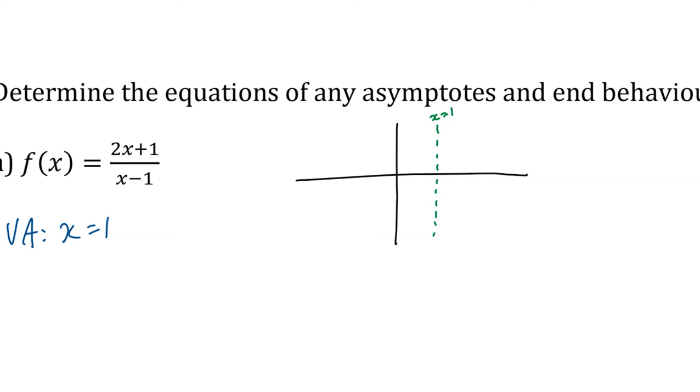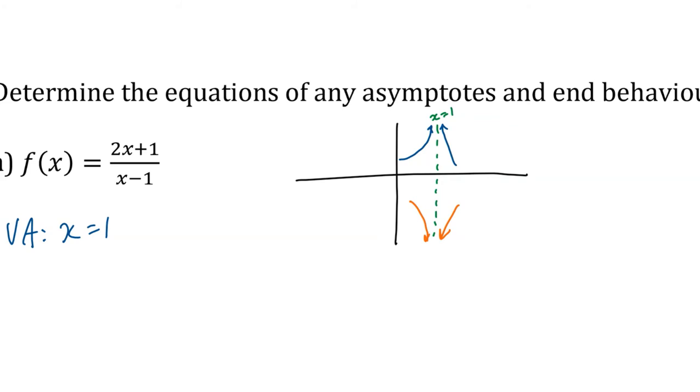I'm going to be approaching it from the left and from the right, only once each. If I'm approaching from the left, I might go up or I might go down. We have to figure out which one. If I'm approaching from the right, I might go up or down, and you could have any combination of those. But you don't ever have two asymptotes from the same side, because that wouldn't be a function. So you have one from the left and one from the right.